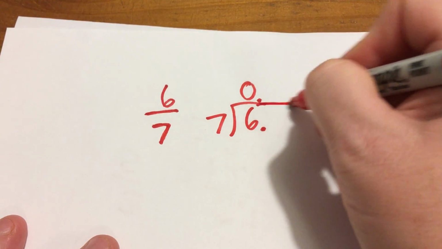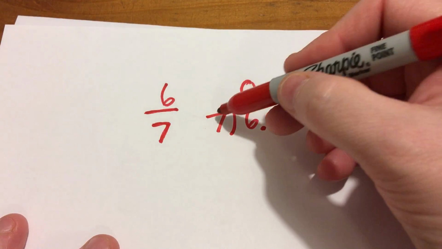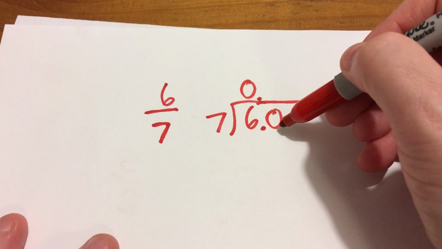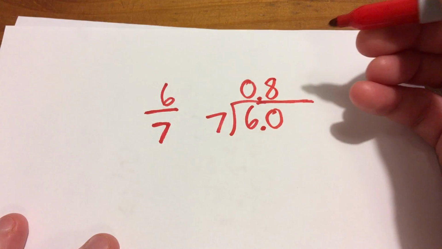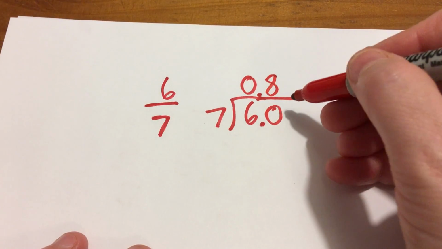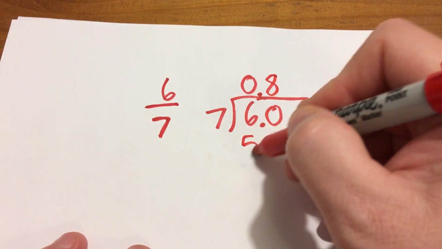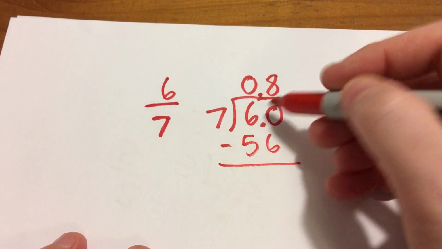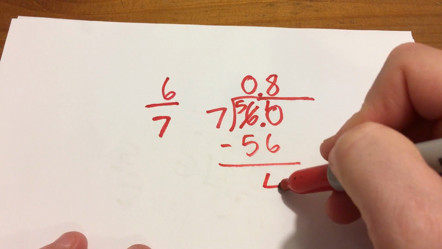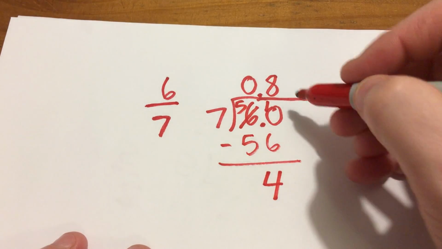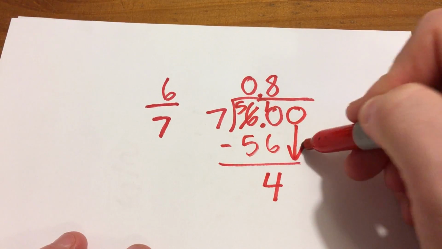Let's extend that a little bit and add a 0. Can 7 go into 60? Yes, it can. 8 times. 7 times 8 is 56. We subtract it. We have to borrow from the 6. It turns into a 10. That brings a 4. Well, we have to add another 0 and bring it down.